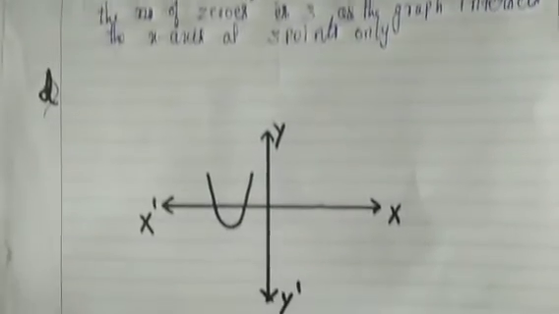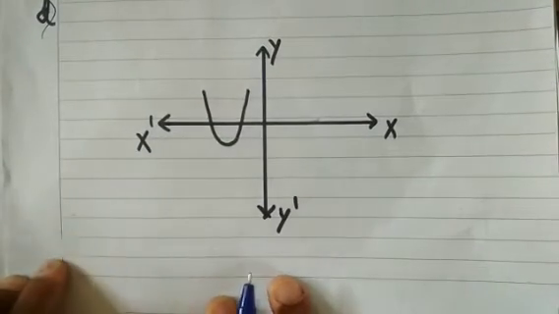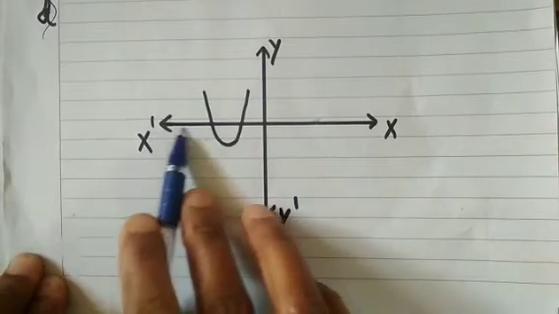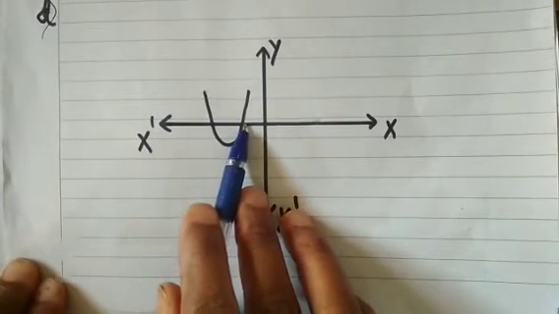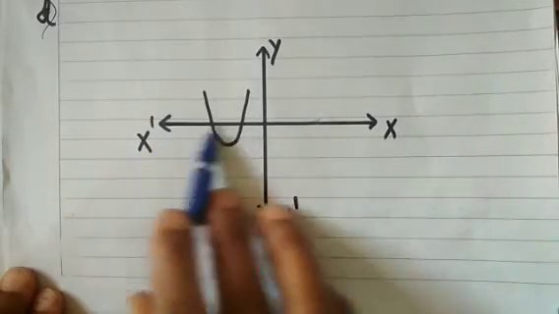In the fourth graph, the number of zeros is 2 as the graph intersects the x-axis at only 2 points.